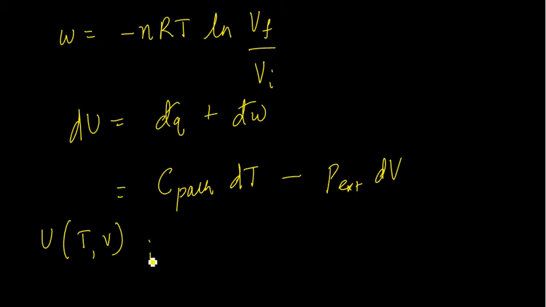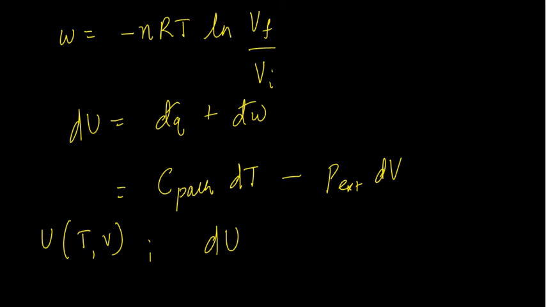And if I do that, then I can write that dU, a change in U, like we saw in this three-dimensional graph. So U is plotted on the z-axis, T is plotted on the x-axis, and V is plotted on the y-axis. So a change in U would depend on a change in the volume or a change in the temperature, right?